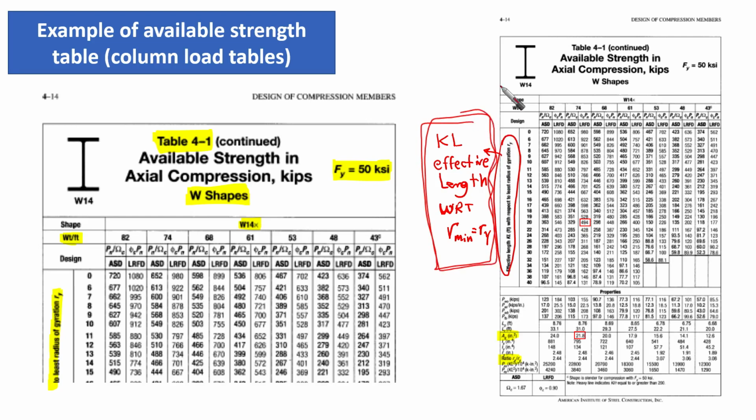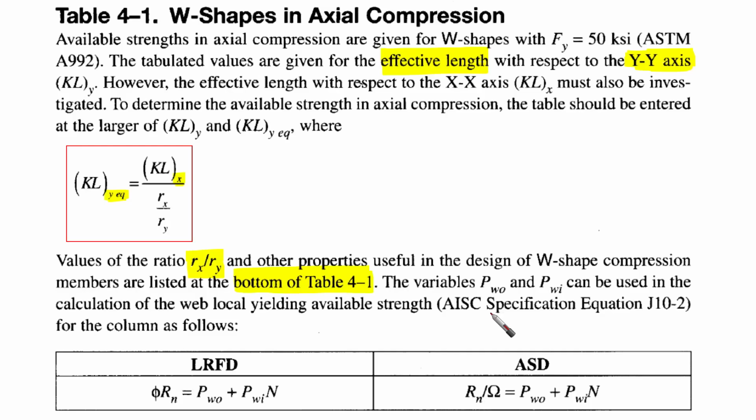If we are going to check around XX, for example, some people enter this table with the Rx, for example, which is not right in this case. We need to give an equivalent radius of gyration in order to enter this table. So we need to calculate a kind of equivalent radius of gyration.